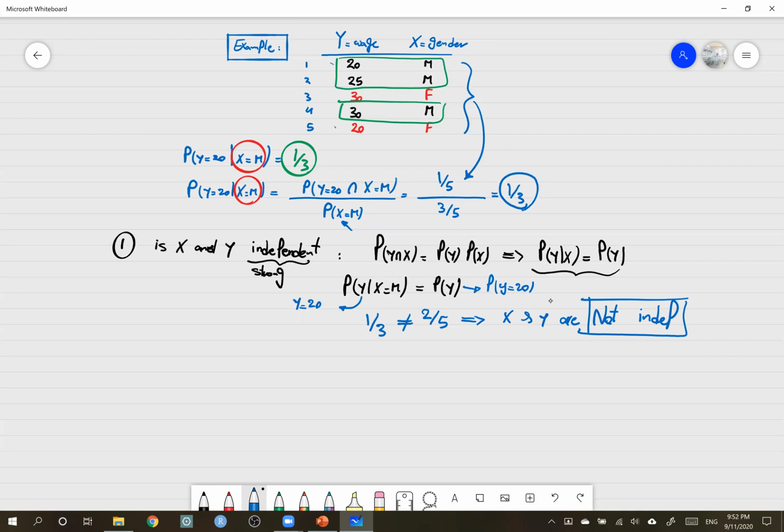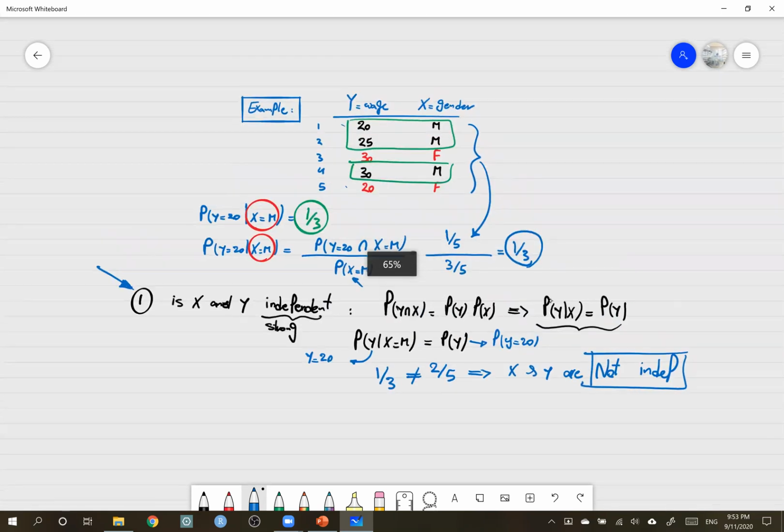But again, the first thing is strong independence, and we showed that these two random variables are not strongly independent. It means that the probability of wage given male is not equal to probability of wage, okay, for any values of those wages, 20, 25, 30, 30, and 20, right? Okay, so that's the first thing.